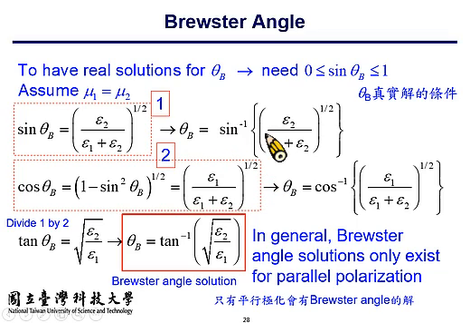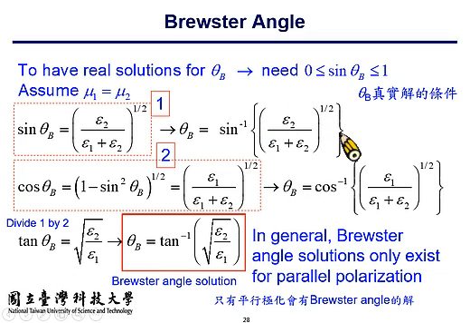So you have sin theta b. This is the sin theta b representation, and this is the cosine theta b representation. So if you divide the two, you end up with the tangent of theta b. Tangent theta b becomes the square root of epsilon 2 over epsilon 1.